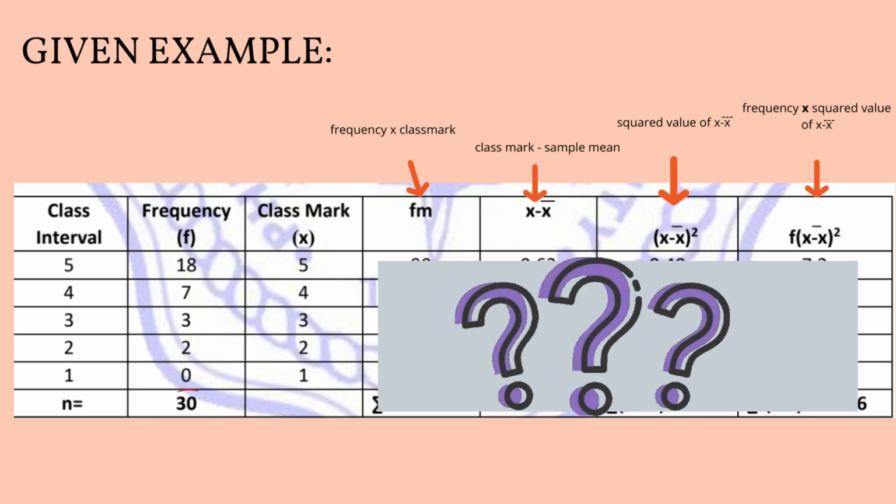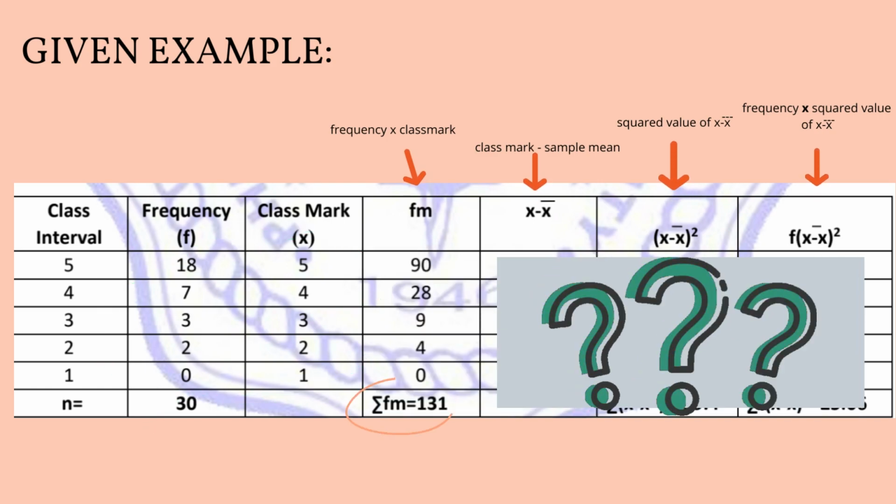So now, let us see the product of frequency and class mark. So mag-proceed muna tayo doon sa ating fourth column, yung FM or yung ating frequency and class mark. Okay? So, dito sa fourth column natin, imo-multiply lang natin yung frequency and class mark. So, as we can see, we have 18, 5. 18 is our frequency and 5 is our class mark for the first row.